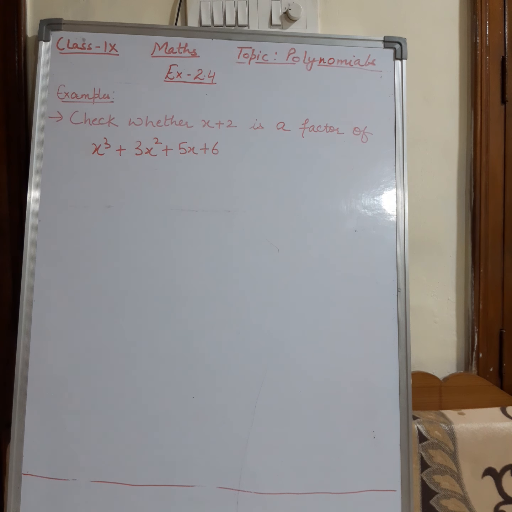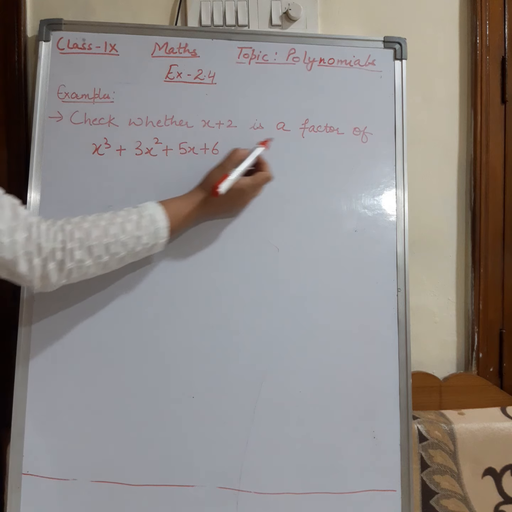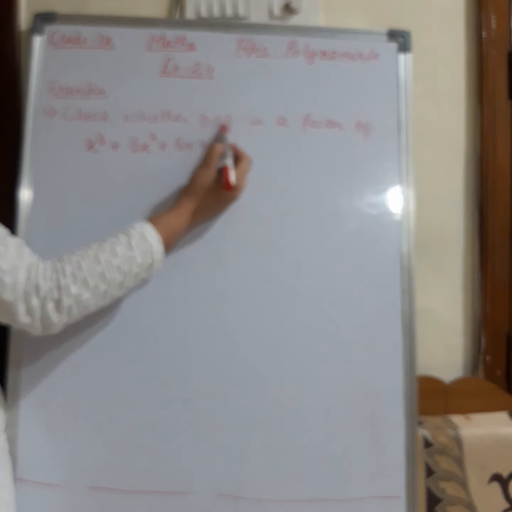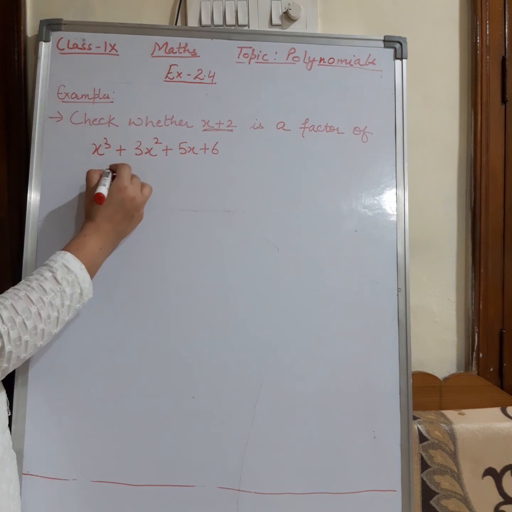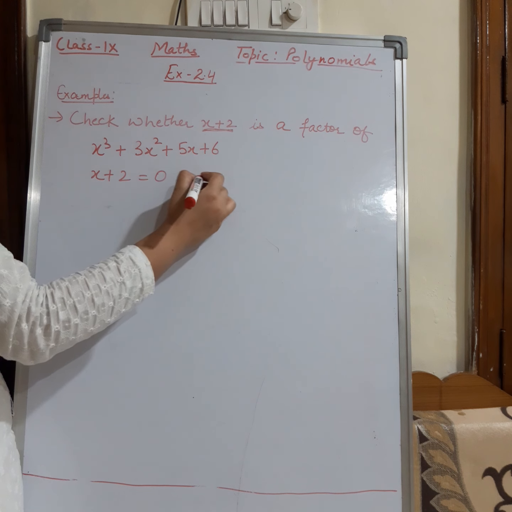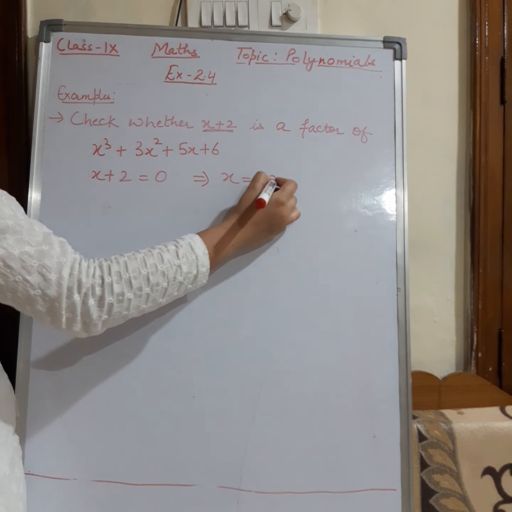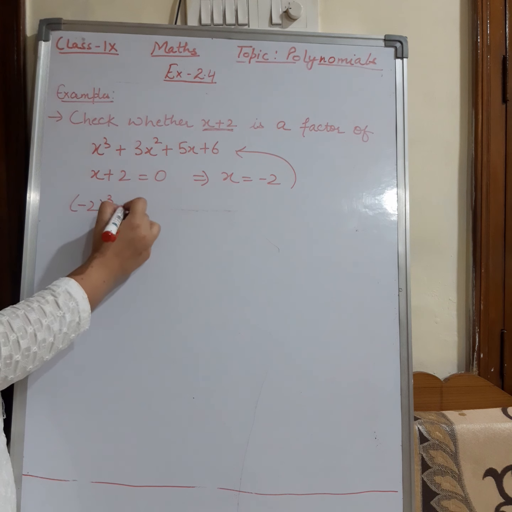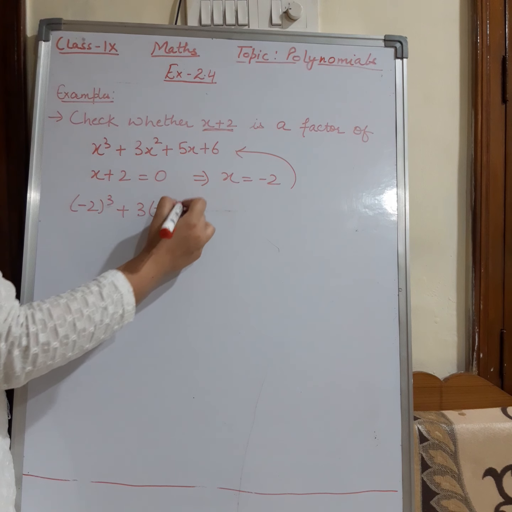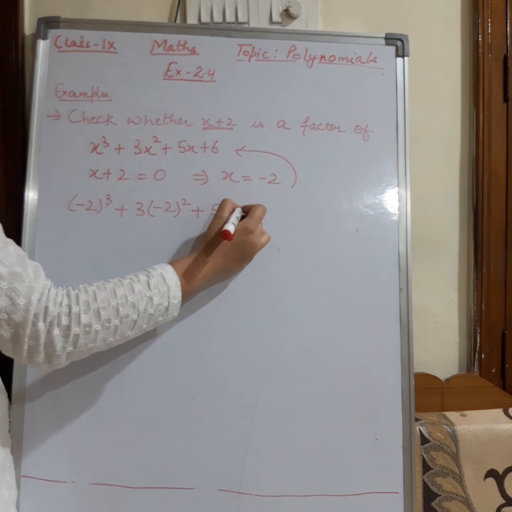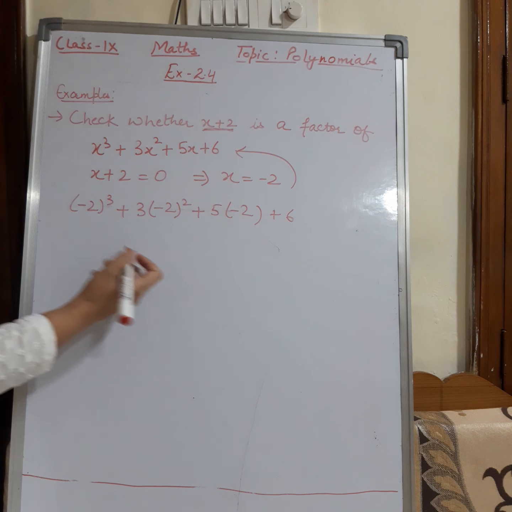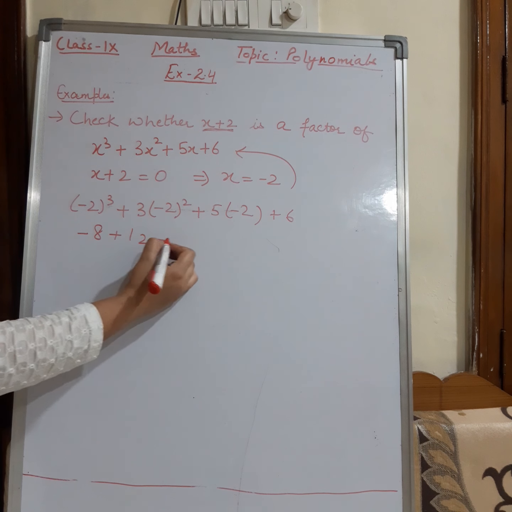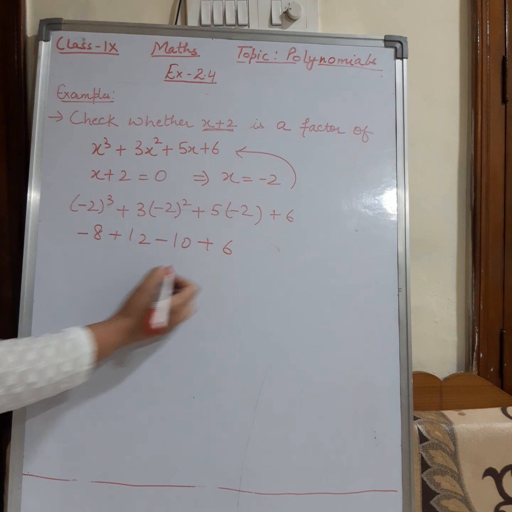Now the question says check whether x plus 2 is a factor of this or not. Now see, this is the divisor. Firstly, I will put x plus 2 equal to 0 and the value of x will be minus 2. We will be putting this in the polynomial. It will become minus 8 plus 12 minus 10 plus 6.